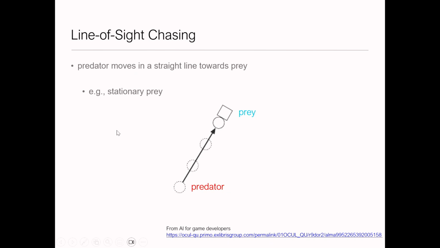This is a pretty simple algorithm to implement, and it is. Simply turn the predator so that it's facing in the direction of the prey, and then move along that line as fast as you can until you reach the prey.